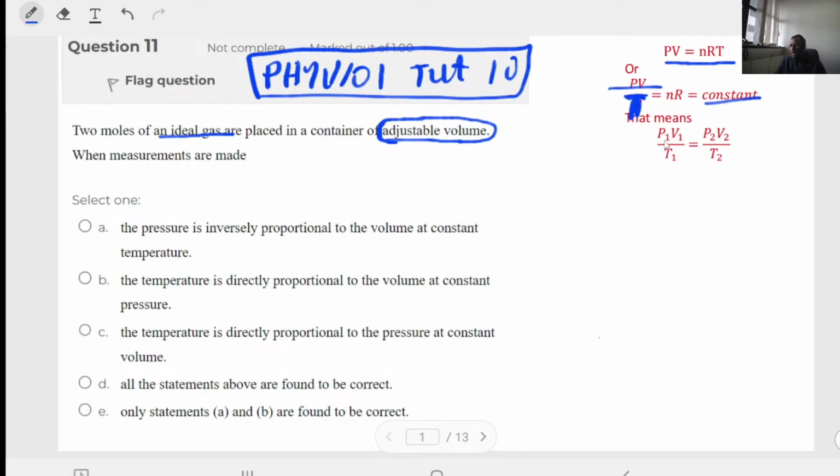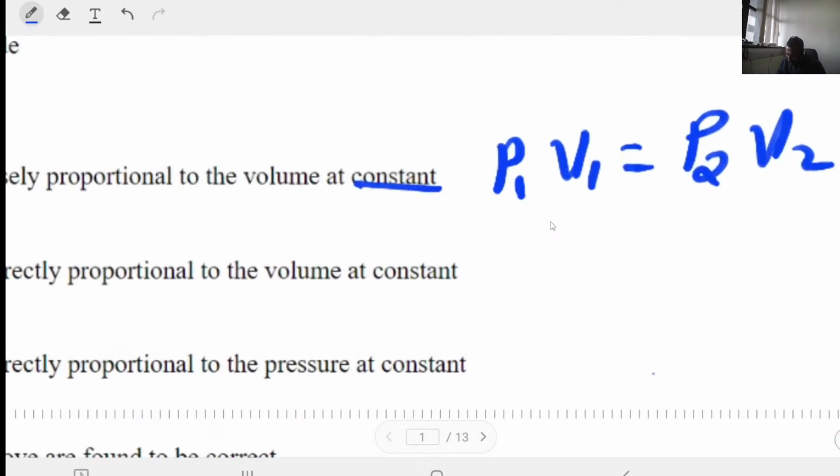I could write P1 V1 over T1 is equal to P2 V2 over T2, because it is constant. Then let's work now. In choice A, it says the temperature is constant. If the temperature is constant, T1 is equal to T2, and P1 V1 is equal to P2 V2.